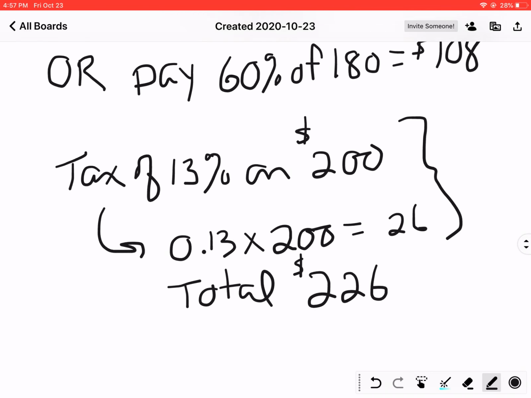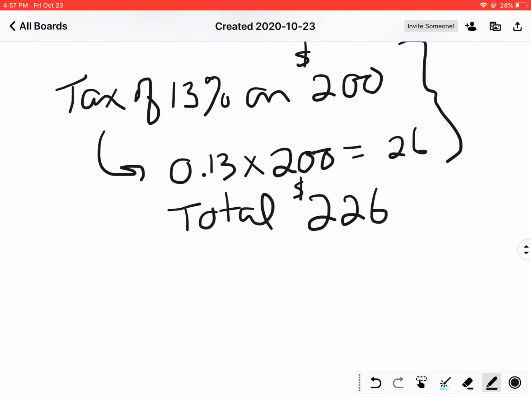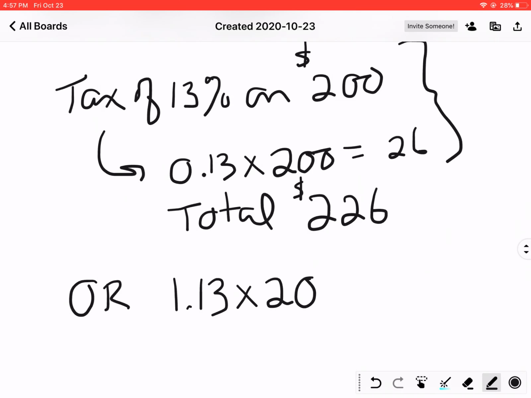However, if you want to get directly to the answer, 100% plus 13% of that $200. So what I'm doing is I'm taking 13% and adding it to 1, and I would get 226 immediately. This is a really good thing to know.